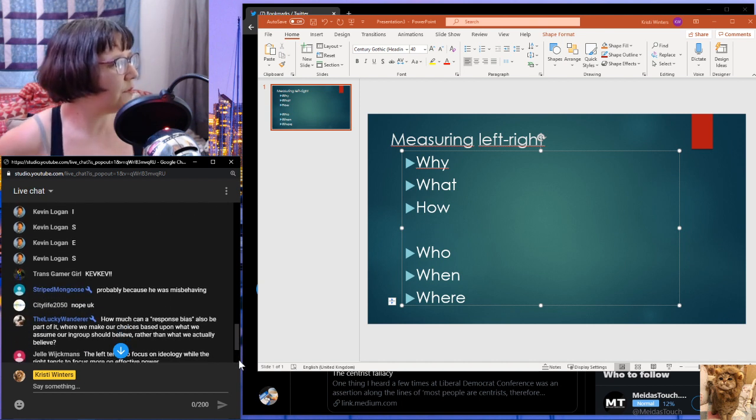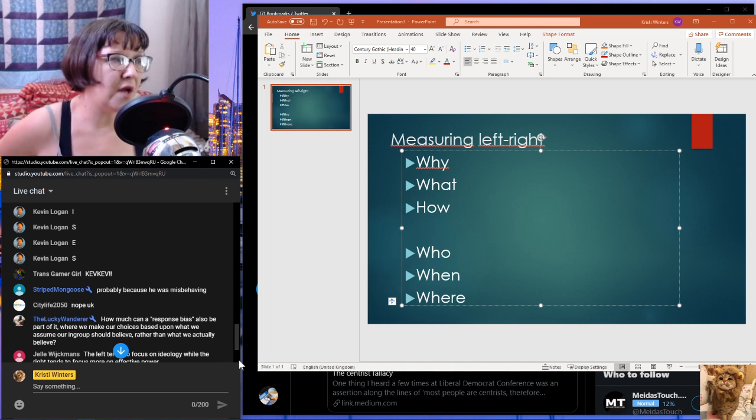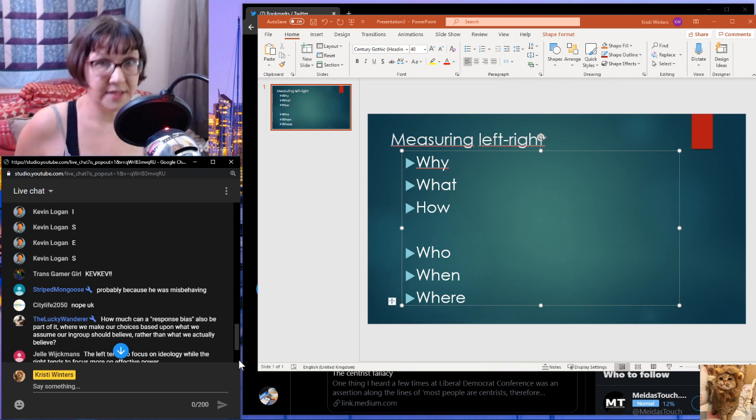How much can response bias also be part of it, where we make our choices based on what we assume the in-group should believe rather than what we actually believe? That's also true. What we find in the social sciences is there does seem to be evidence empirically that people are more likely to give what we would predict to be the socially undesirable view in anonymous surveys versus when you talk to a real person.